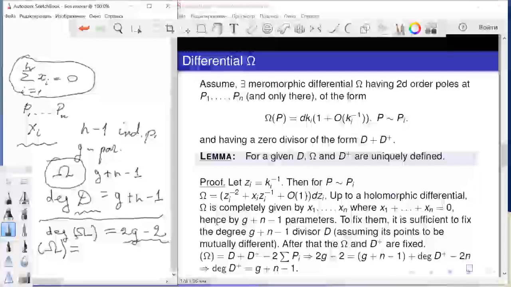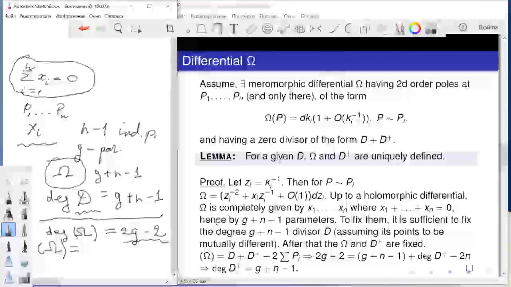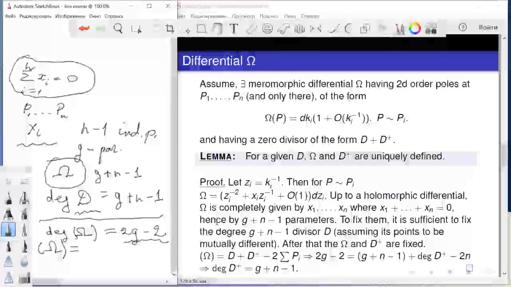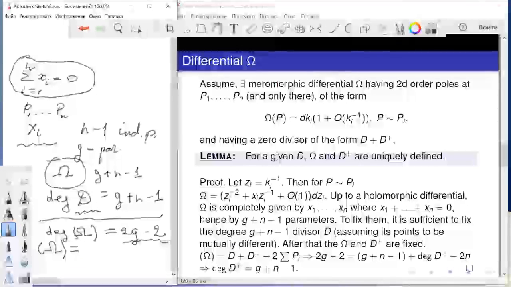That divisor of omega is D plus D cross minus the double sum of P_i's, because at every P_i we have a second order pole.